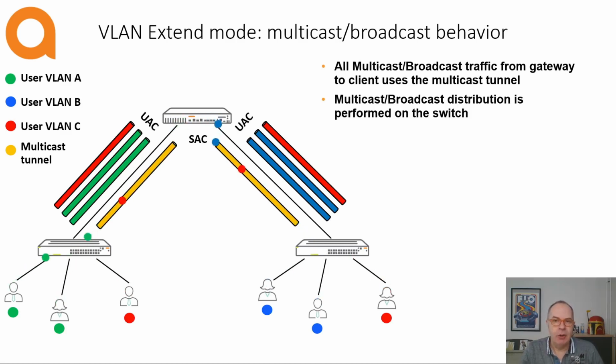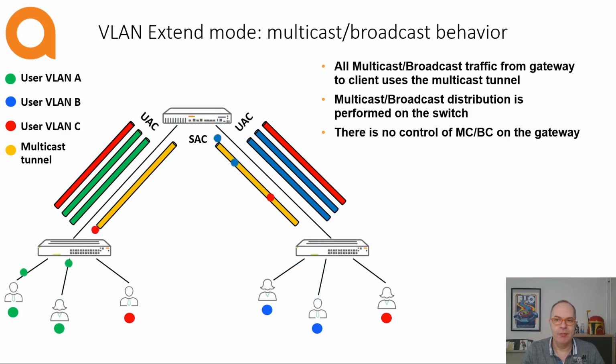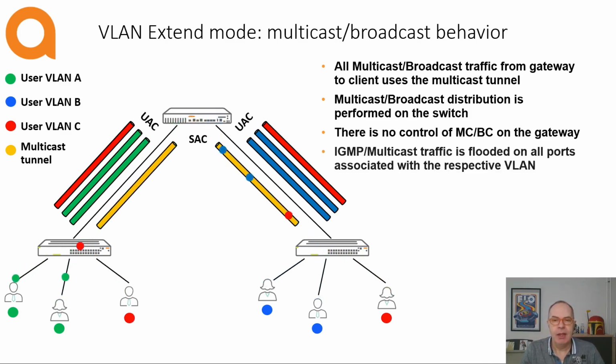This also means that multicast and broadcast distribution is performed on the switch. There is no control of multicast and broadcast on the gateway, and IGMP multicast traffic is flooded on all ports associated with the respective VLAN on the switch.